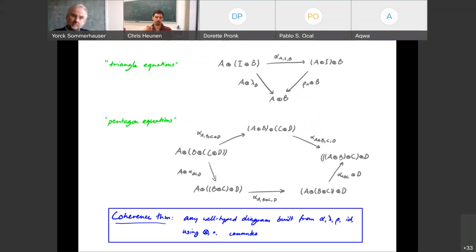Either I put them together with a tensor product first to get A tensor B, or I could put on an empty system I to the left of B and then put it together with A, or I could put on an empty system I to the right of A and then put it together with B. Now they're related, these 3 ways of putting A and B together, by coherence morphisms. So the top one is an associator, and the downward ones are, I leave one of the 2 systems alone and I forget the empty system in the middle. I want that diagram to commute.